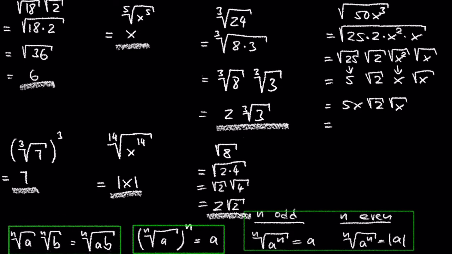Because of the multiplication law for roots, we can write the square root of 2 multiplied with the square root of x as the square root of 2x, and we're done with this problem.